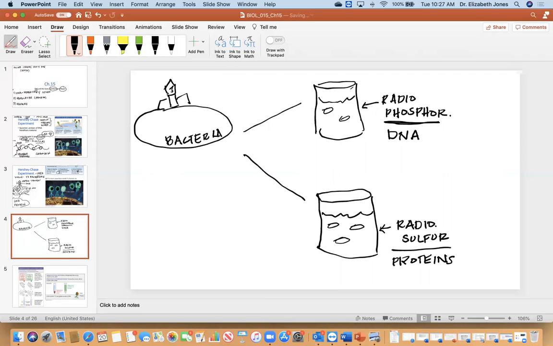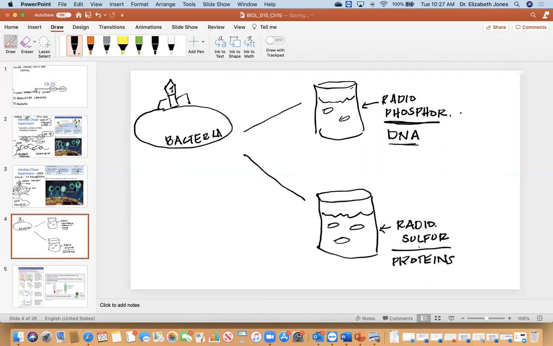So we have infected bacteria here, including a medium with radioactive phosphorus. Phosphorus is present in DNA, but not really in proteins. On the other hand, we have a second treatment where we put our infected bacteria in a solution with radioactive sulfur. Sulfur is present in proteins, but not in DNA.